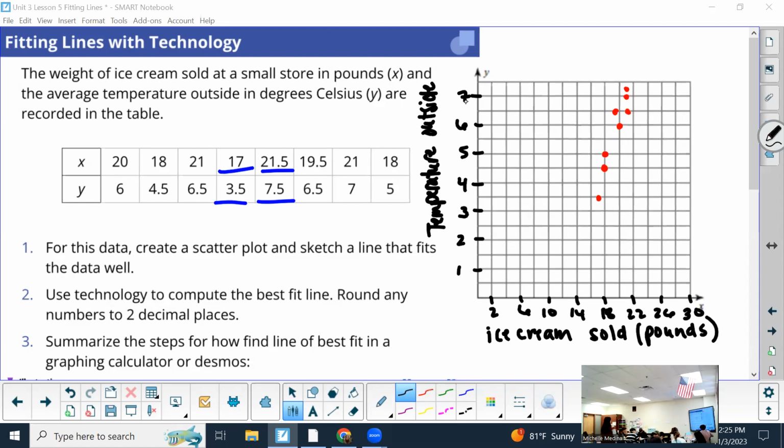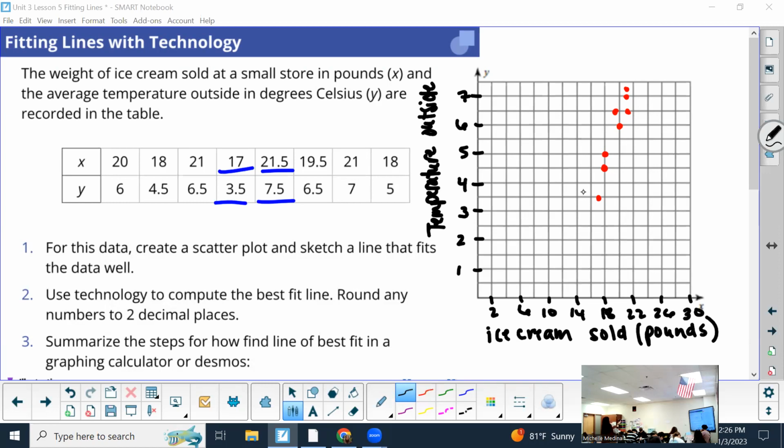On my Y-axis, I did it by 0.5s. And yeah. Anyway, most of my data is like in this format. So depending on what you counted by, it should still look something similar. It just might be like more spread out, depending on what you do.